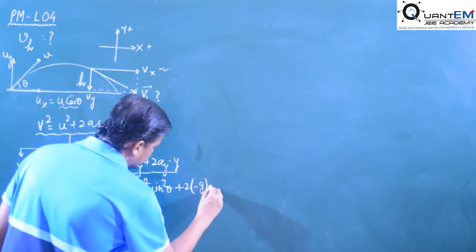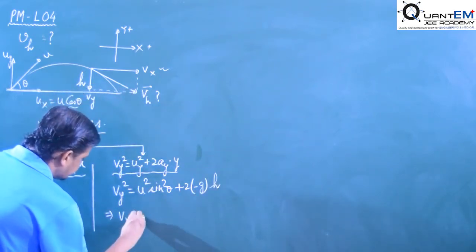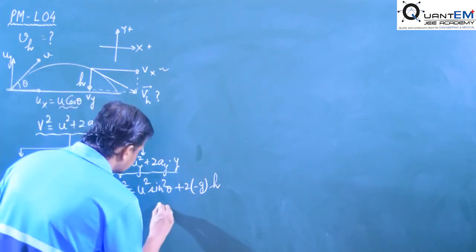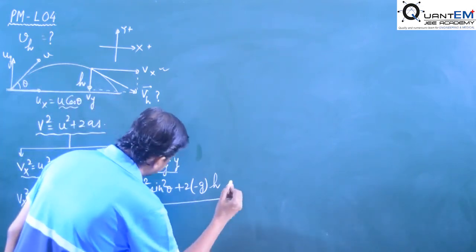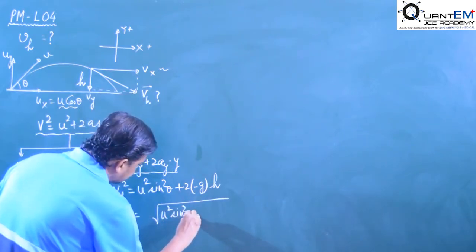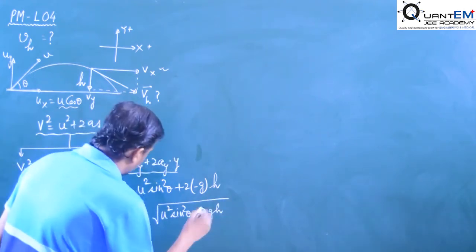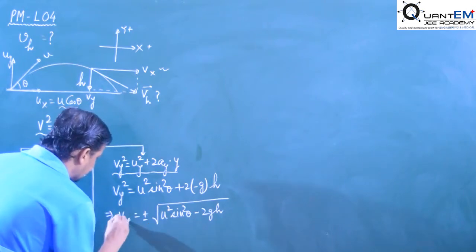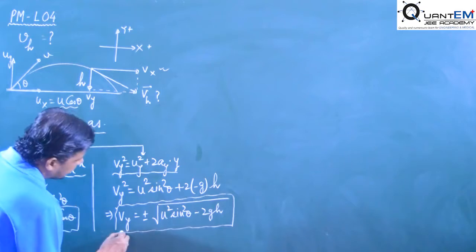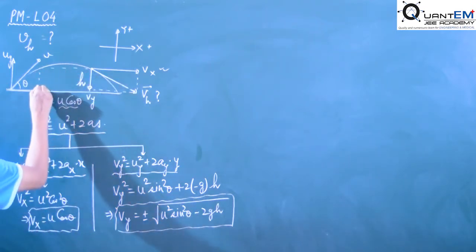At any position, height h, to get the result, vy is equal to under root u square sin square theta minus 2gh. Both values we may have, positive as well as negative. See, this side is also h.